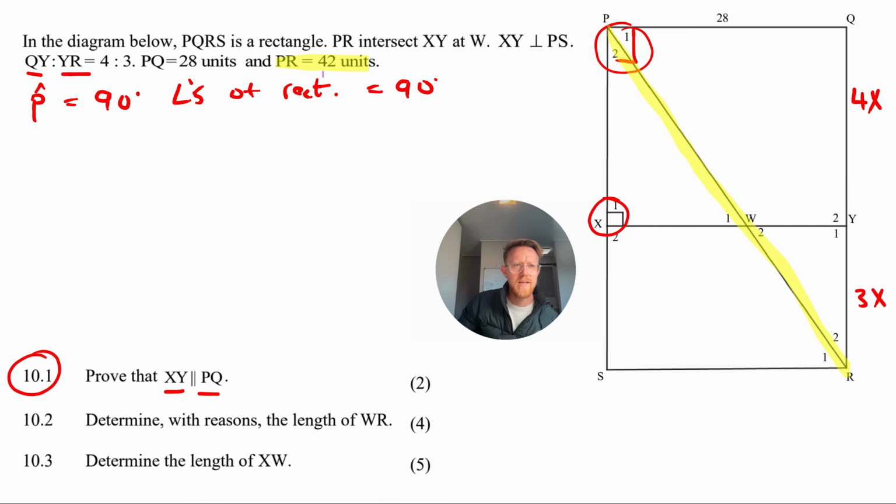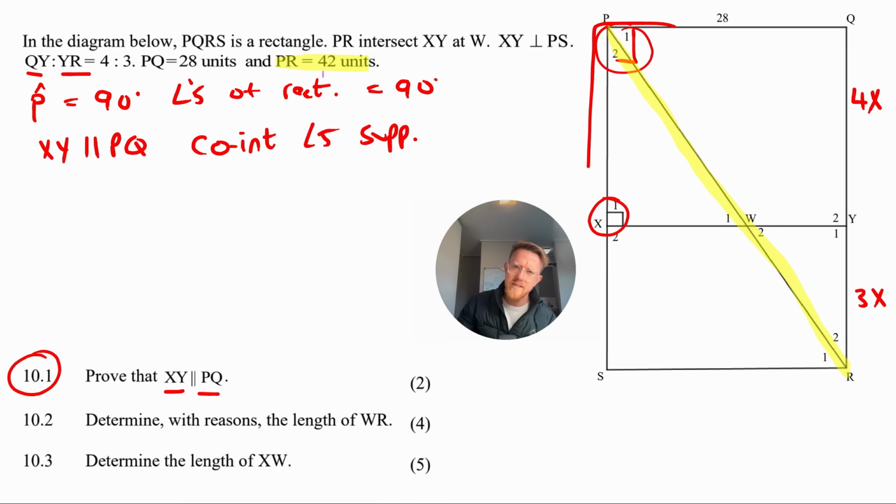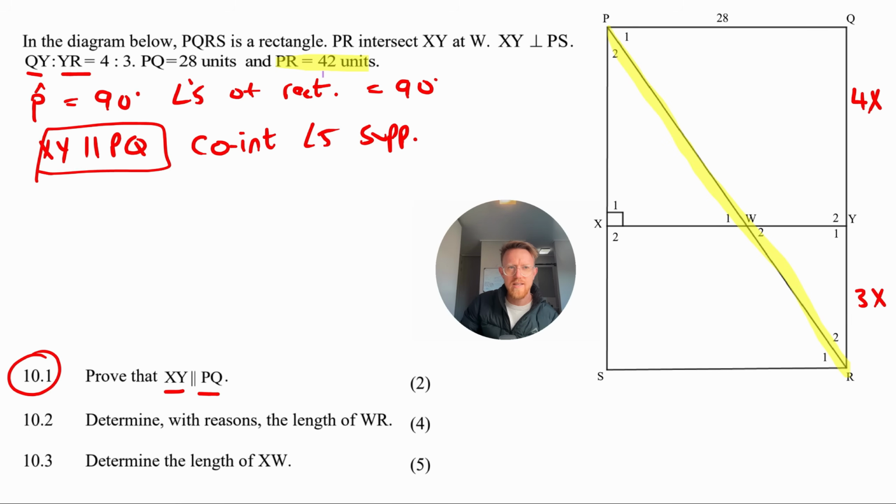So that means that XY must be parallel to PQ. We can just say the co-interior angles are supplementary. What that means is that the co-interior angles, which is this one and this one, are supplementary, meaning that they add up to 180. And so because of that, we can say that those two lines are parallel.